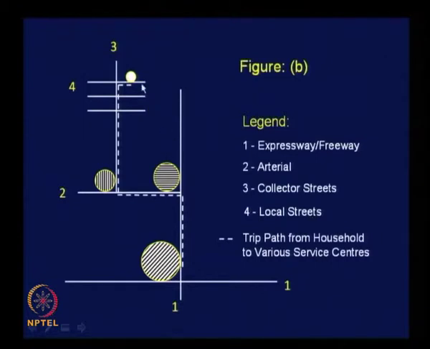And you can see households are located along class 4 roads, which are local streets, and the community centers are located at the intersection of class 2 and class 3 roads, namely collector streets and arterials.